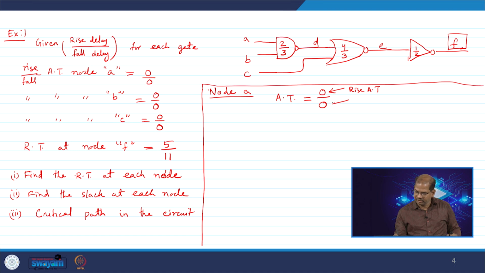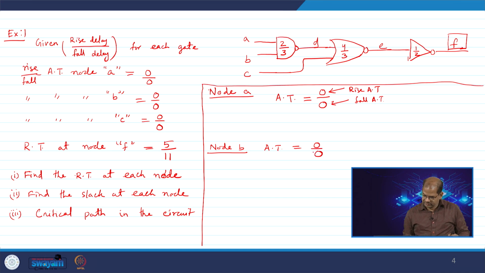This is given. Now I cannot find the required time or slack right now, so I will leave some space there. For node B, I have the same arrival time, 0 by 0.